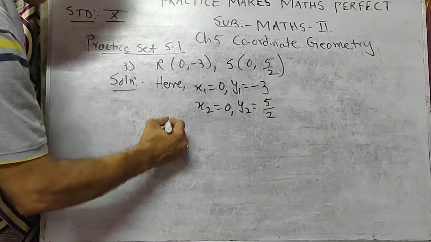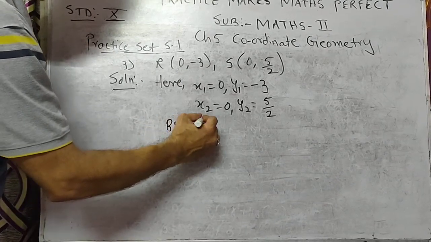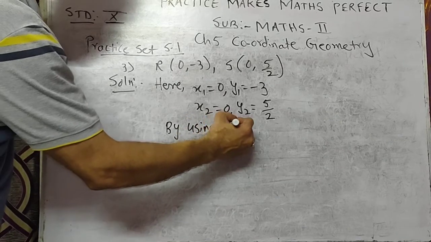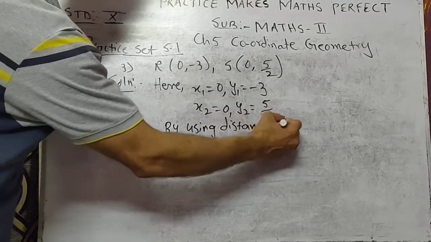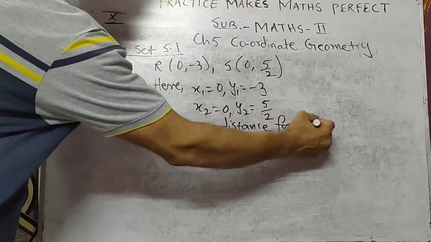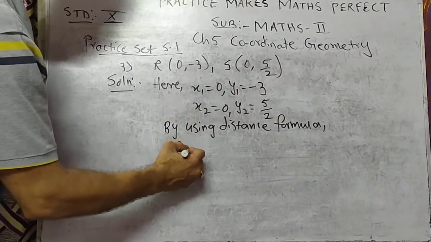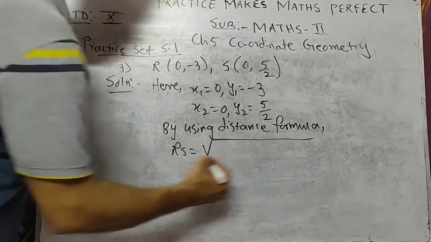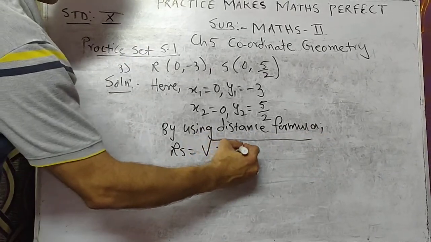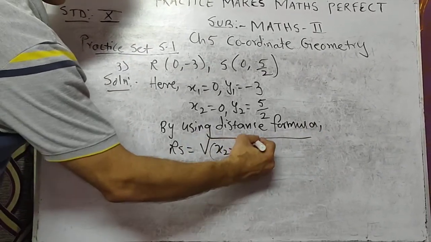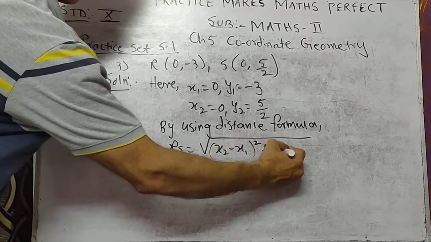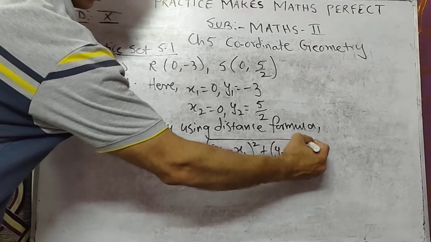After this you will write by using distance formula. Your distance formula RS is equal to square root of x2 minus x1 the whole square plus y2 minus y1 the whole square.